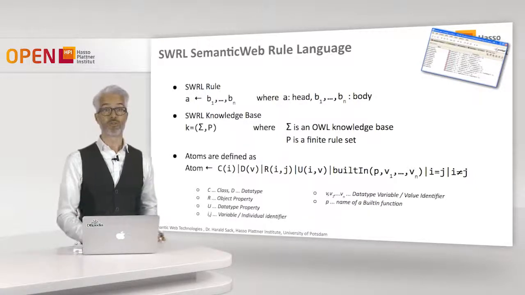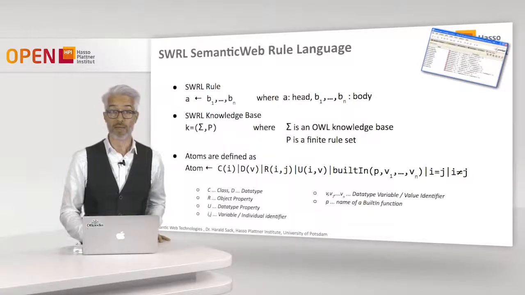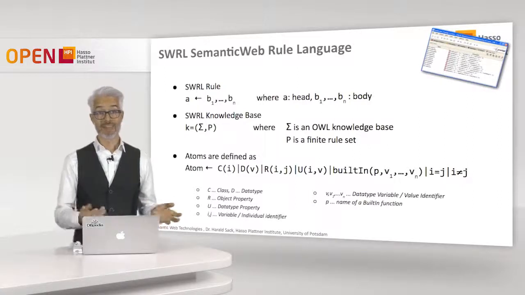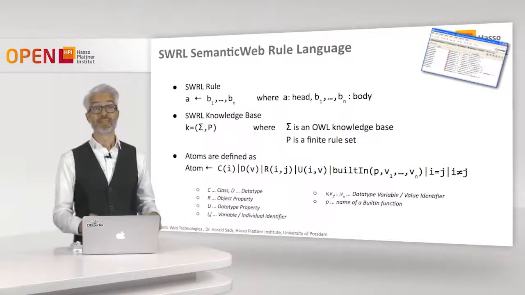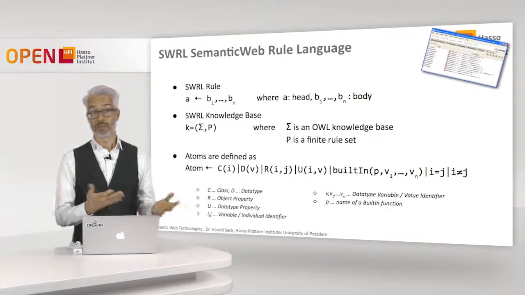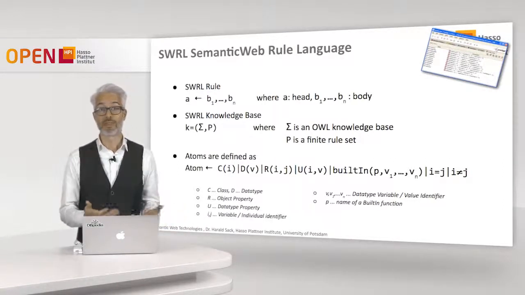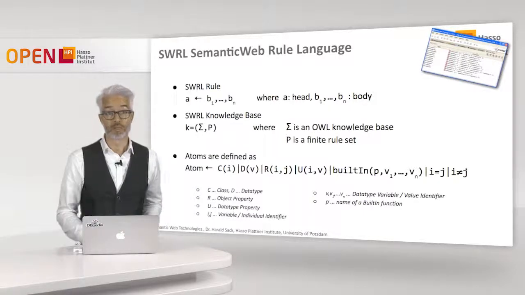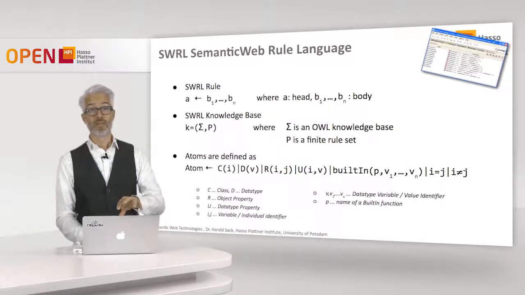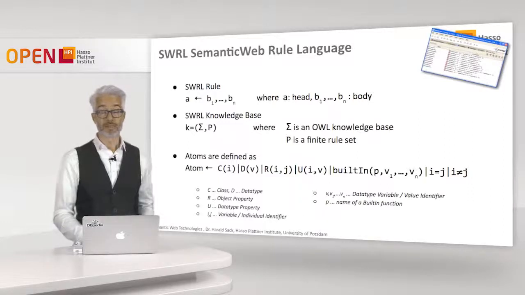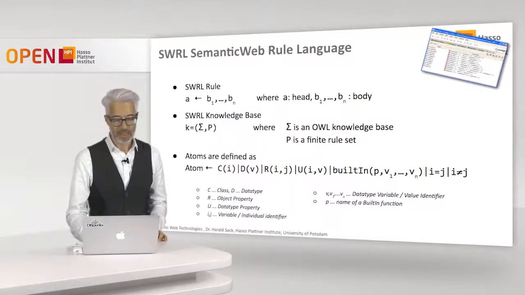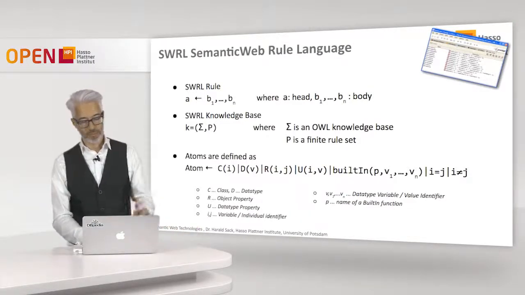They are referred to as B sub 1 to B sub n. And then a SWRL knowledge base, K, is nothing else but sigma, P, where sigma is an OWL knowledge base and P is a finite set of rules. And the atoms of which a rule consists in the body, for example, can be class expressions, they can be data type expressions, they can be object properties, data type properties.